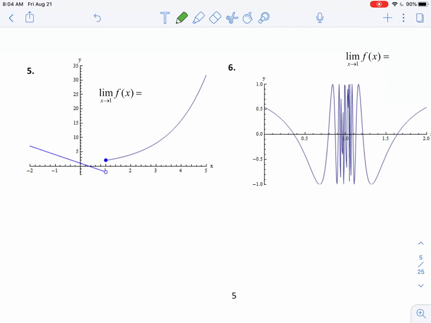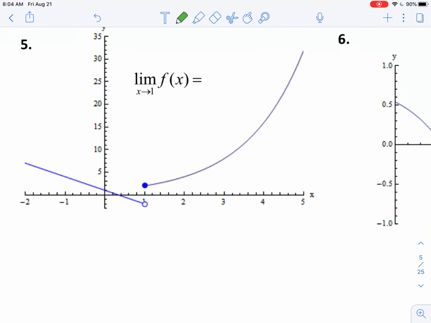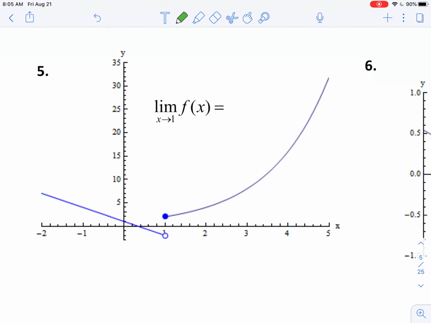Couple crazy graphs here. So number 5, the limit as x approaches 1 of f of x. So as x approaches 1 from the left, it looks like I'm approaching, I don't know what that is, maybe -2. And as x approaches 1 from this other side, it's way up here.